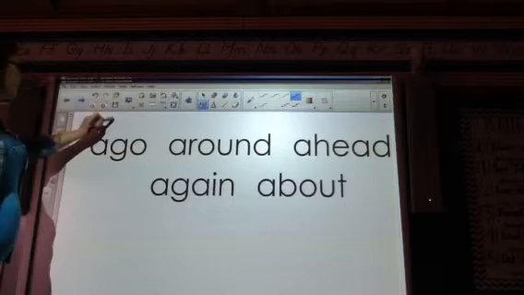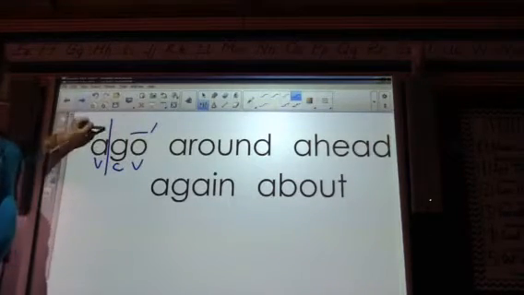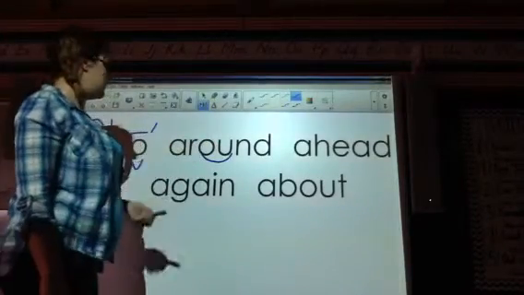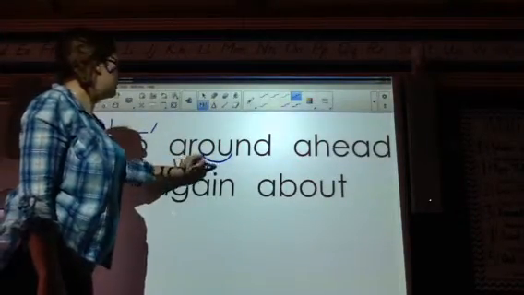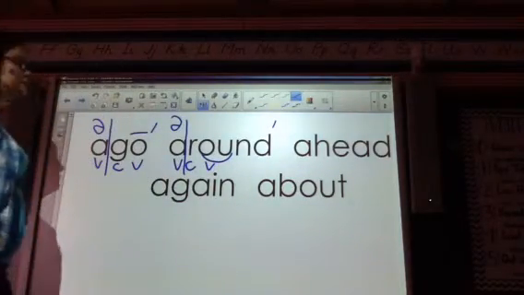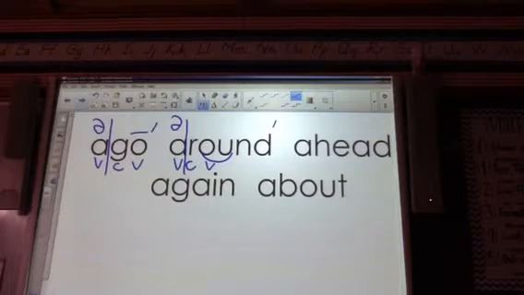This one has an open accented O, ago. Around. If you've got an A at the beginning, if it's not followed by an L, like always, it's going to make the schwa sound.